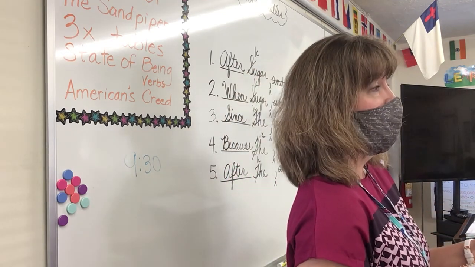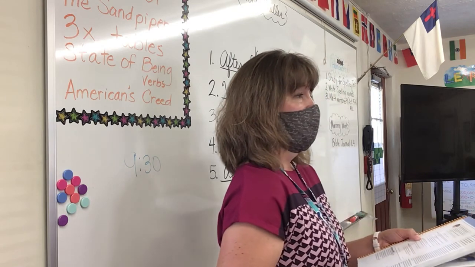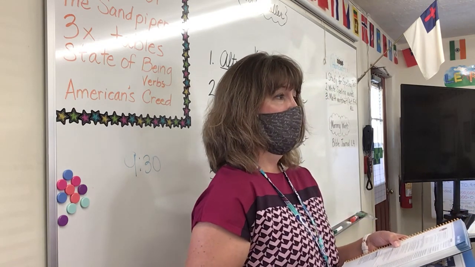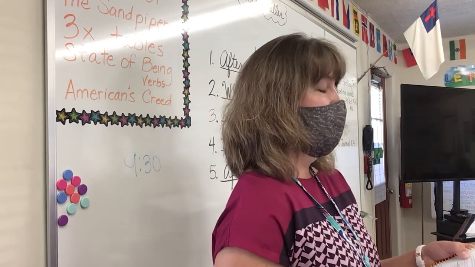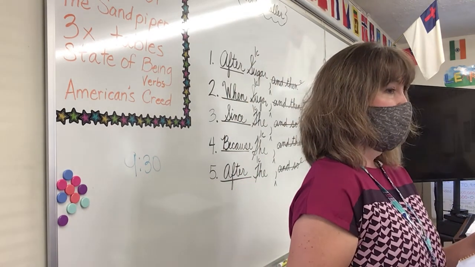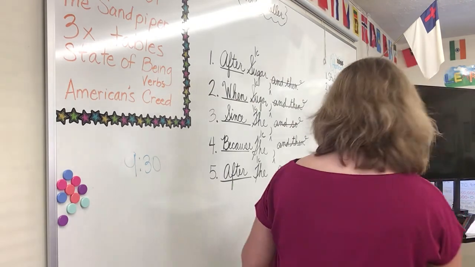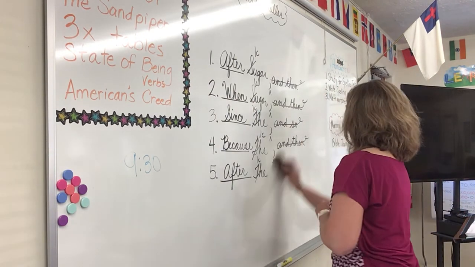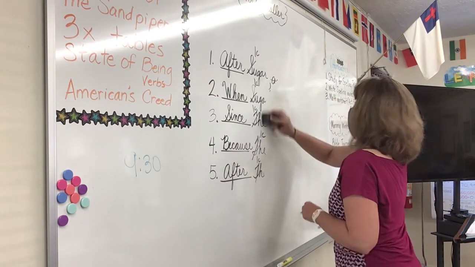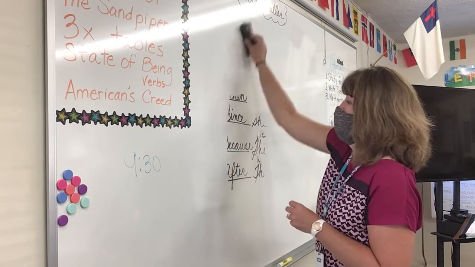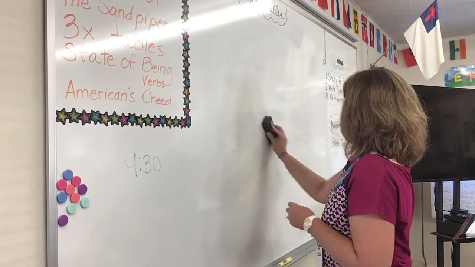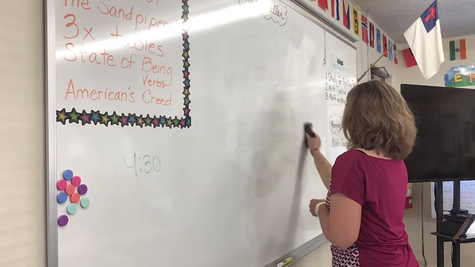You can choose which one you want to do. So go ahead and do either 1 or 2, and then we'll go over it on the board. Or if you want to really challenge yourself, you can do both.